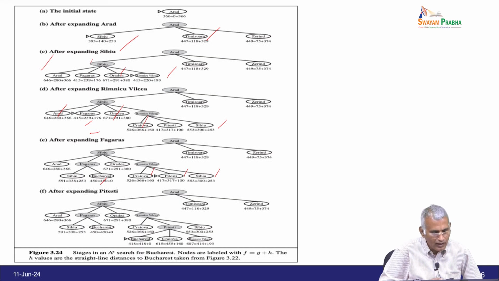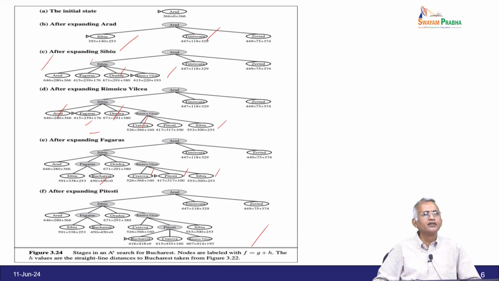Therefore, this is A star search for Bucharest. So, the nodes are labeled as f equal to g plus h, and the h value is the straight line distance to Bucharest taken from the figure already referred to as 3.22, so that is the best search we can do.